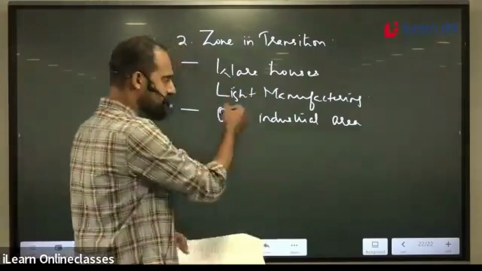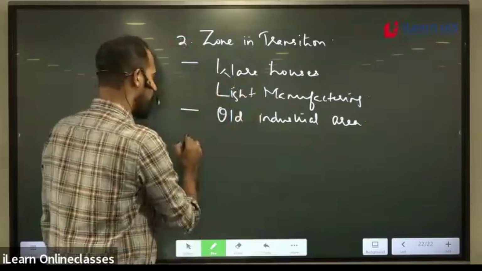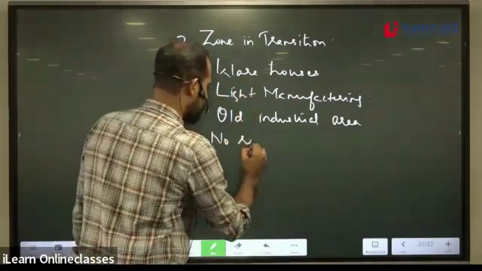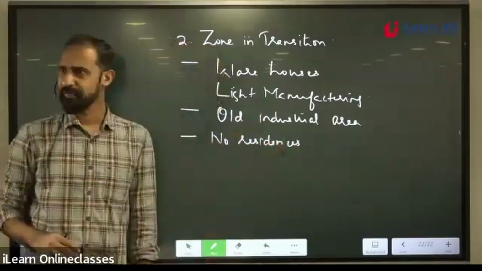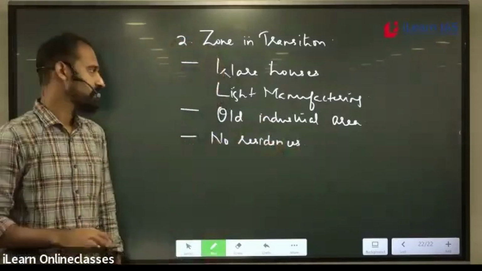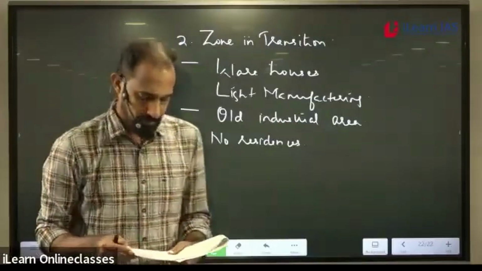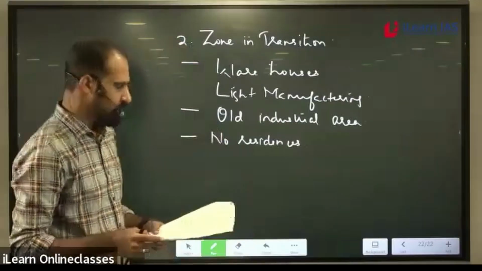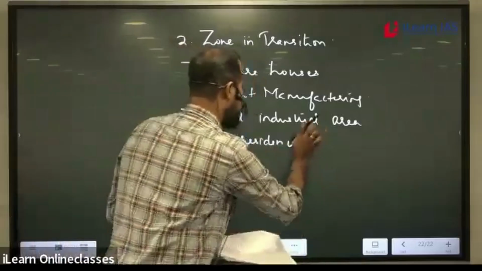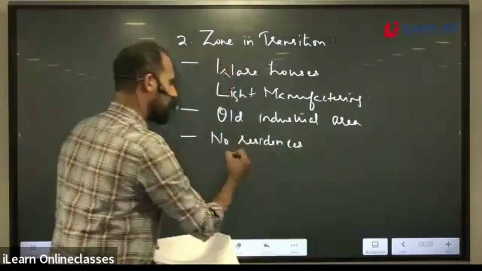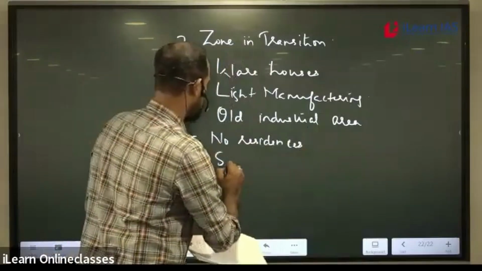Now, because this is full of bigger establishments, there will again be no houses, no residences. One reason is it will be very polluted. Though there are no residences, there is a possibility for what? Slums.